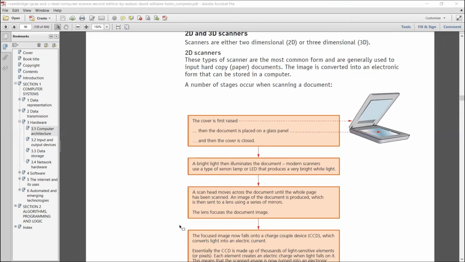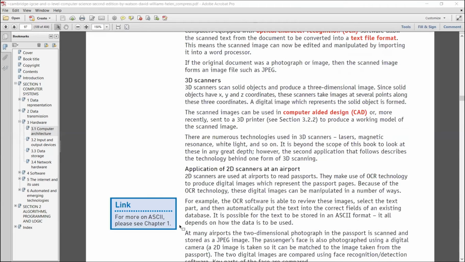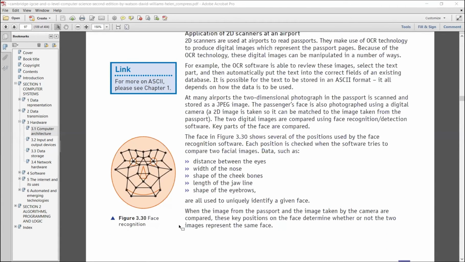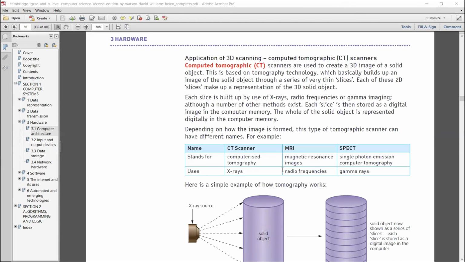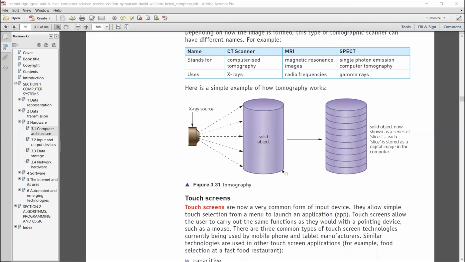So that is what a 2D scanner is doing. And on the contrary, 3D scanner, as you can see, is used in X-ray machines, and you can see the use in MRI, CT scanners. They all are using the 3D scanning process. So this is what you need to know regarding 2D and 3D scanners.